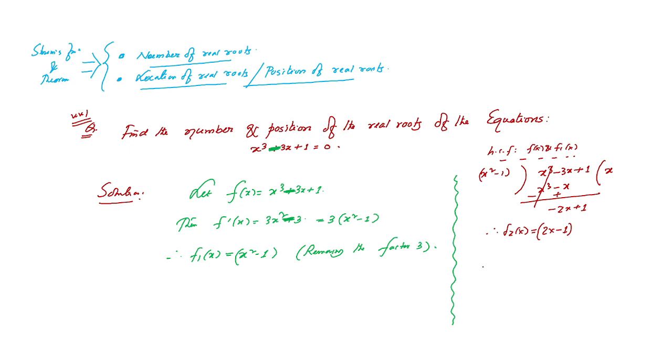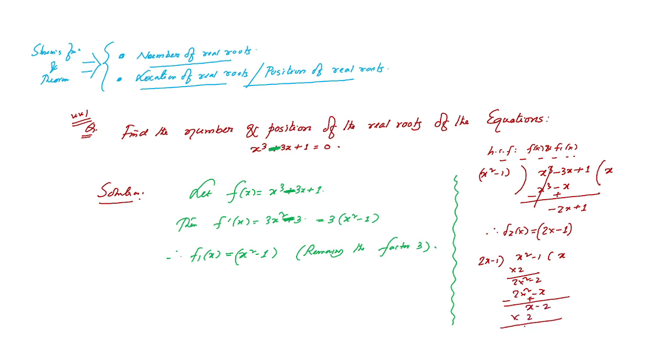With the help of the modified remainder, again we will divide x square plus 1. First we multiply by 2, so 2x square plus 2. Multiplying x by 2x minus 1 gives 2x square minus x, and subtracting gives x plus 2.